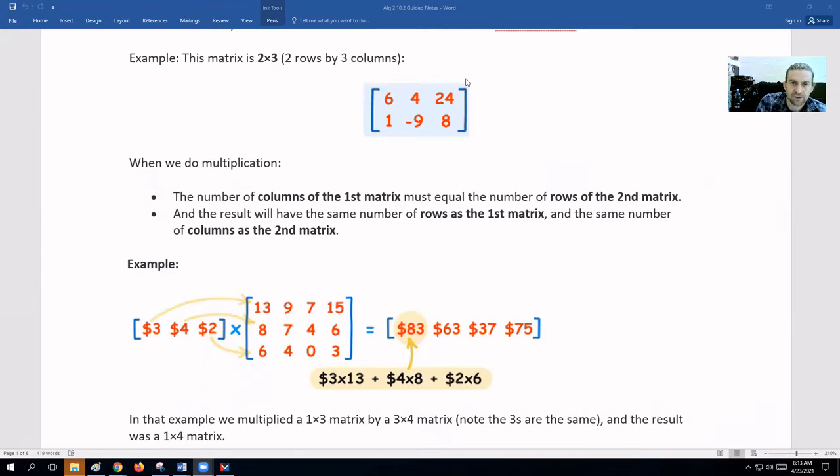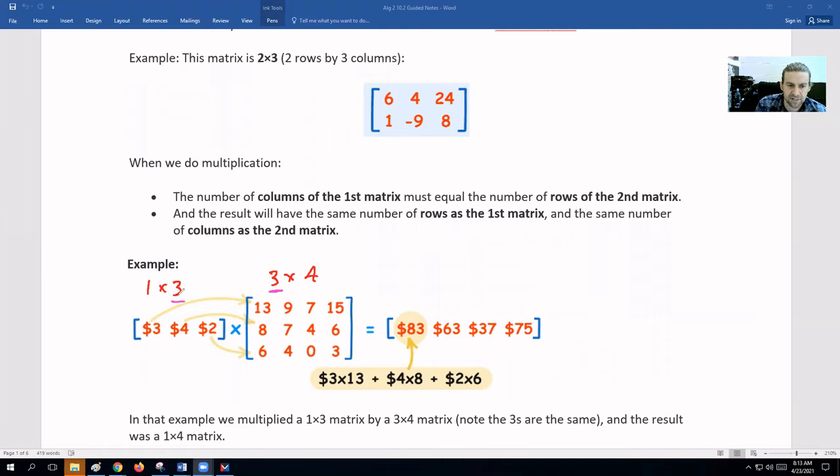All right. So there's going to be a trick. If we ever want to multiply matrices, we can actually figure out the dimensions of the answer. If we look at this one here, this is a 1 by 3 matrix, and this one is a 3 by 4 matrix. 1 row, 3 columns, 3 rows, 4 columns. So we know we can multiply them because the columns match up with the rows.